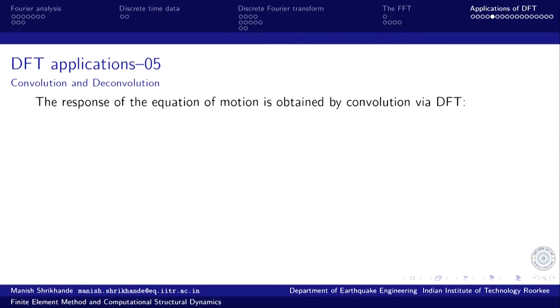I use both ends because it makes it visible that the effect of periodicity can happen. The response of the equation of motion is obtained by convolution via DFT. So, the same process: y omega is computed as f omega multiplied by h omega, and this is the response.